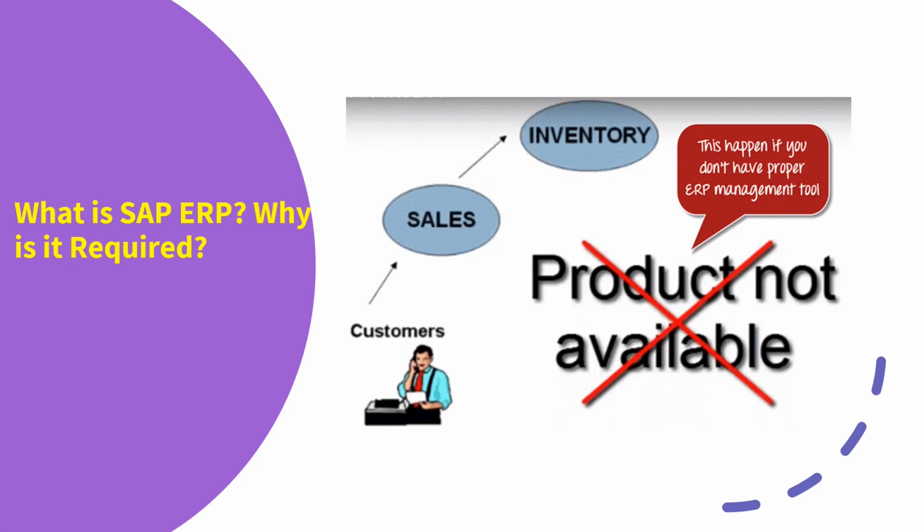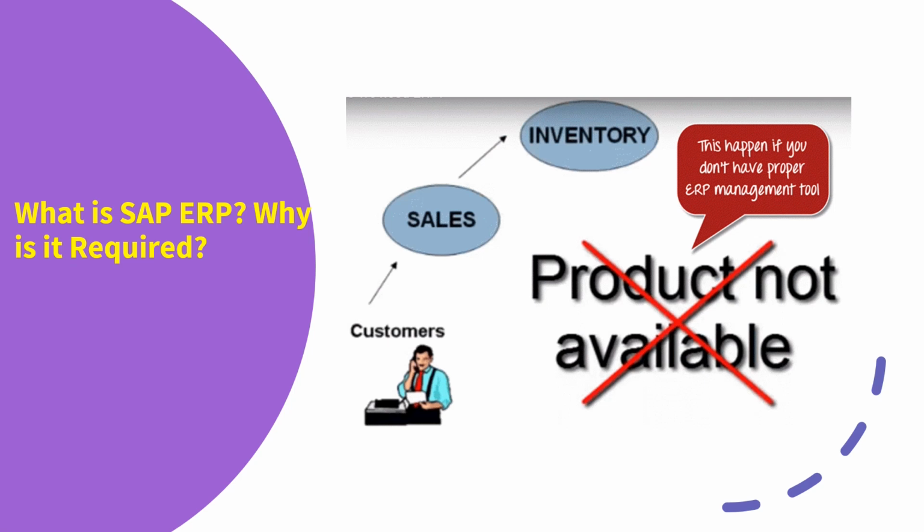So the next time the customer reaches the sales team, they will be dissatisfied, and a company does not want that kind of thing to happen again. That's why they need better resource planning, and they need enterprise resource planning.